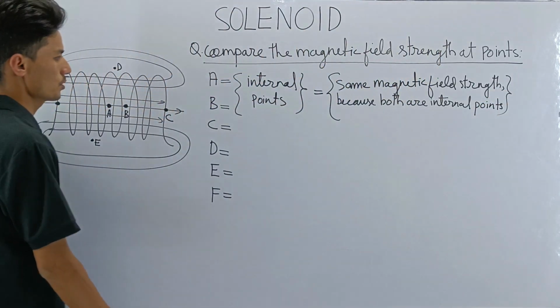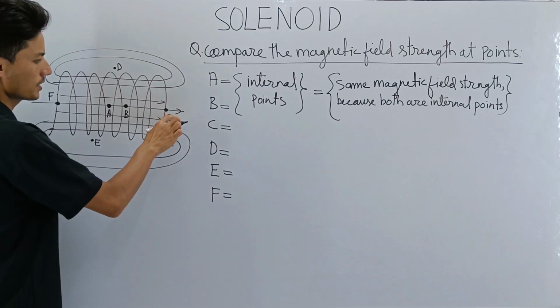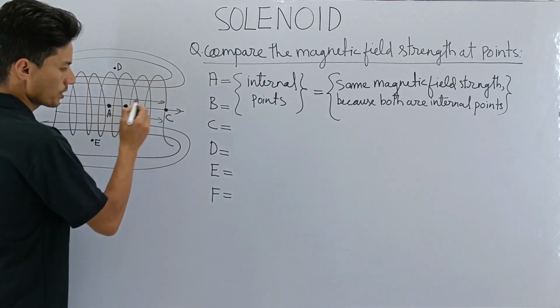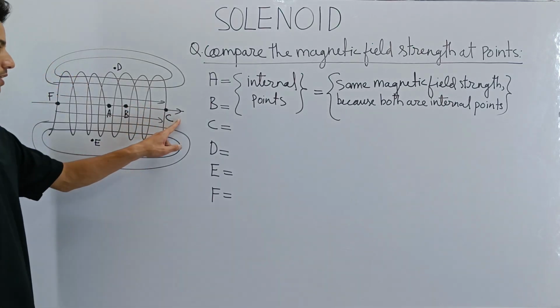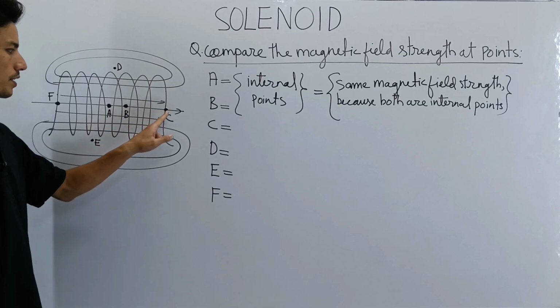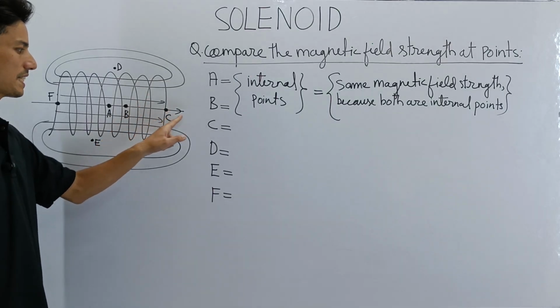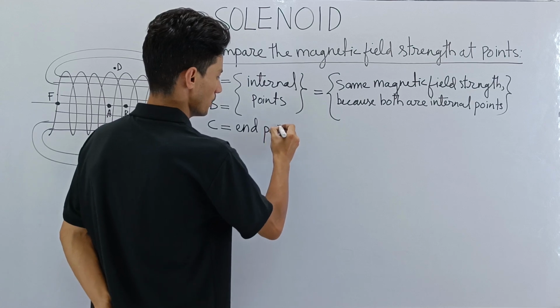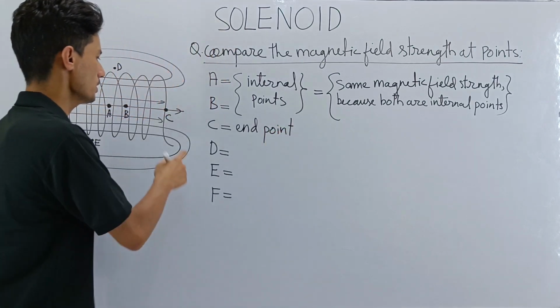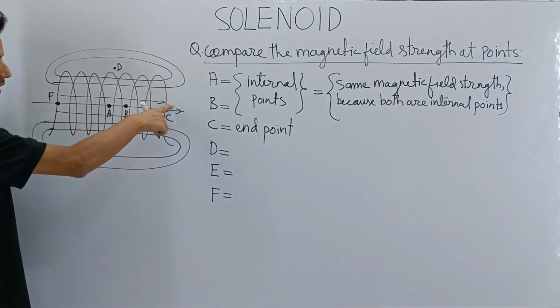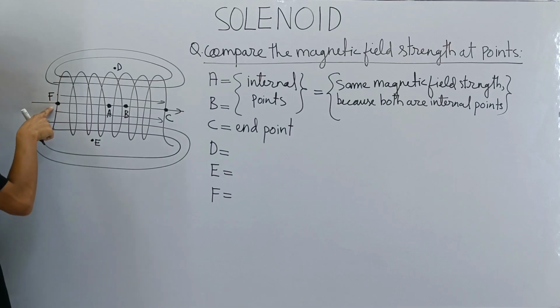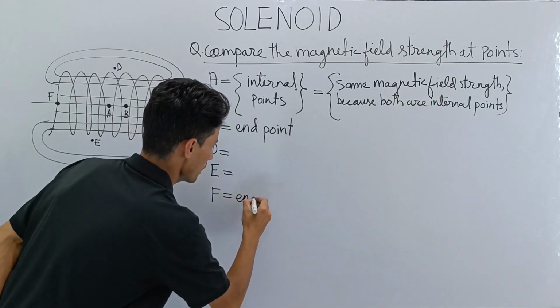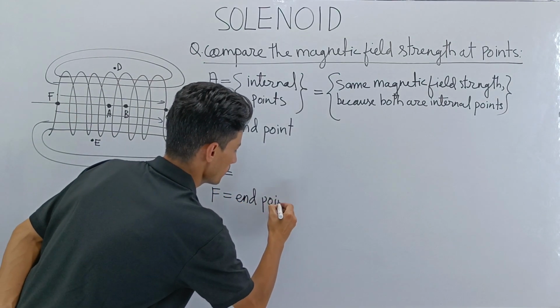Now let's move on. Now let's study point C. Point C is not an internal point, but rather an endpoint. We call it an endpoint, because these are the ends. This is one of the ends, and then this also. Point F also becomes an endpoint.